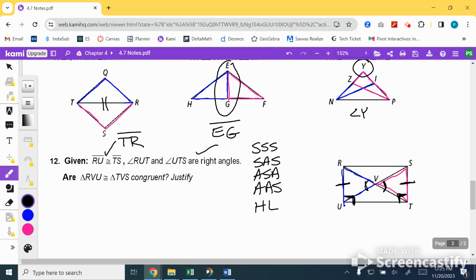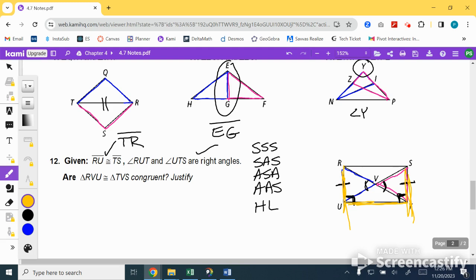So now I'm going to use this right angle business. And what that tells me, believe it or not, is that we have a set of parallel lines. If you look at U and T, consider UT the transversal. So right here we have the transversal.